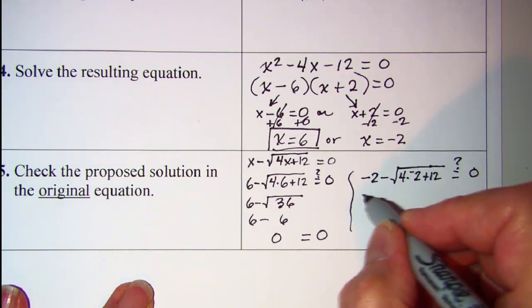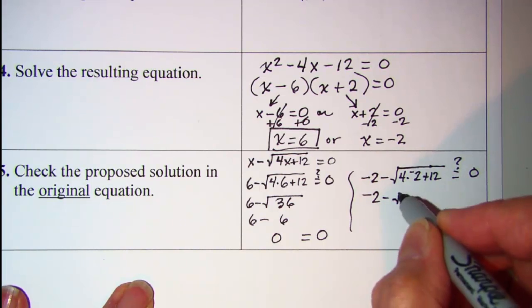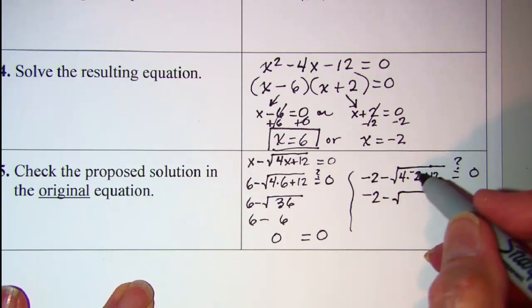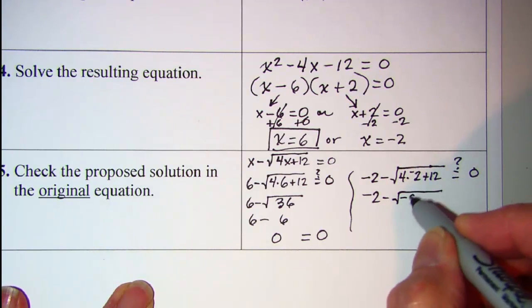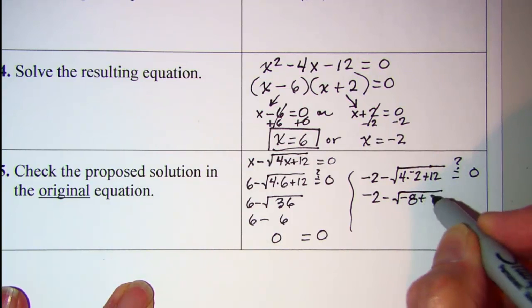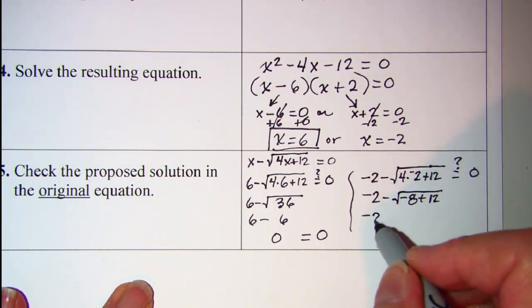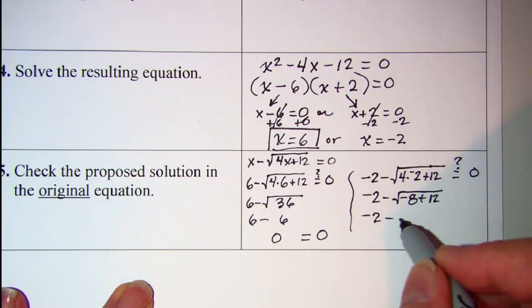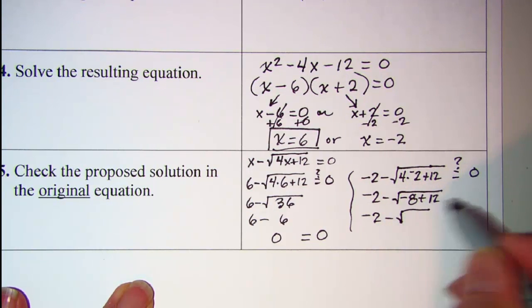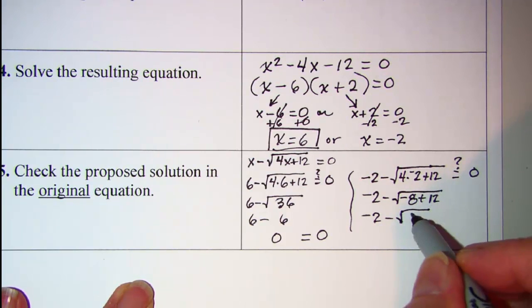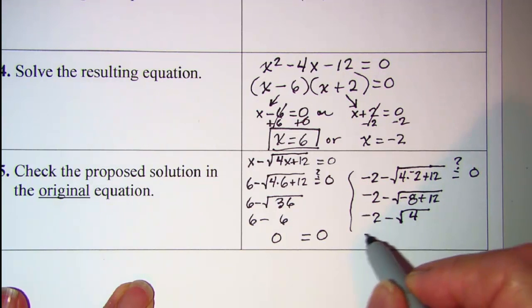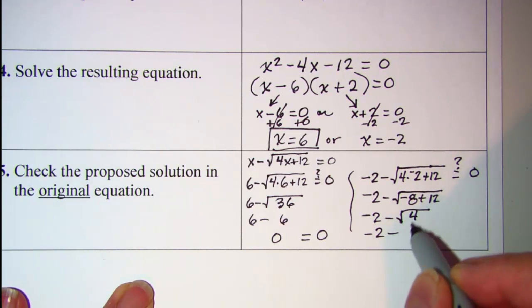So I have negative 2 subtract, 4 times negative 2 is negative 8, plus 12. Copy the negative 2, subtract, negative 8 plus 12 is 4. So I have negative 2 subtract square root of 4, which is 2.